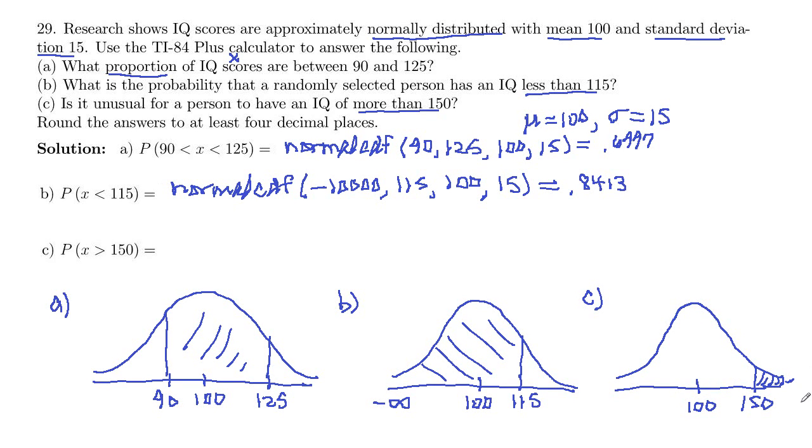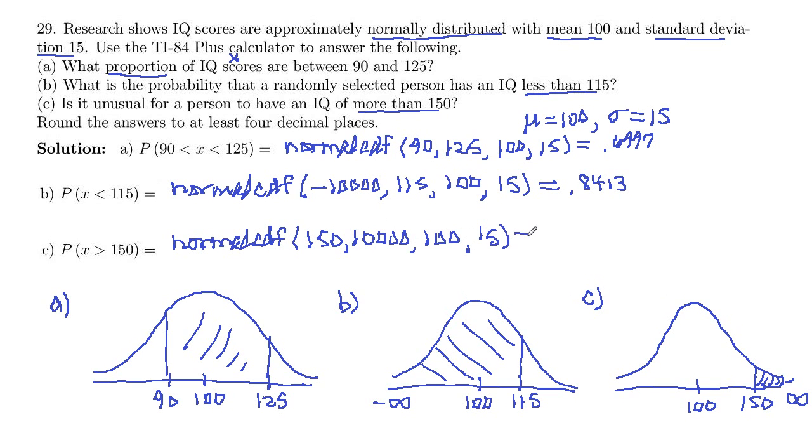So the area of that tail. So our left cutoff is 150. Our right cutoff is infinity. We can use a big positive number. So this will be normal CDF. Lower cutoff 150. Upper cutoff, we can use 10,000, mean of 100, and standard deviation 15.